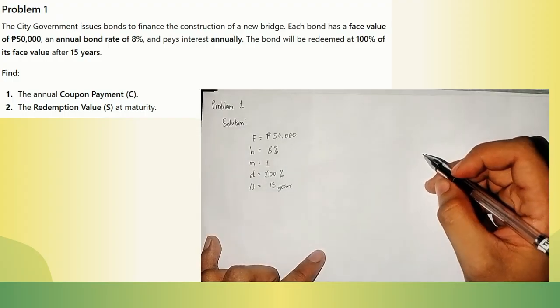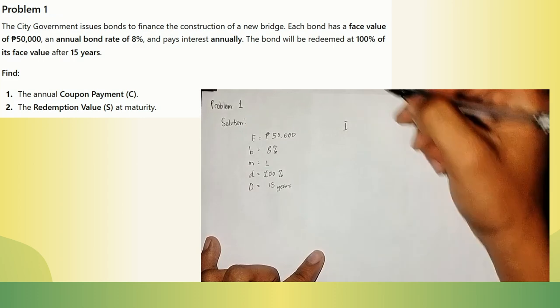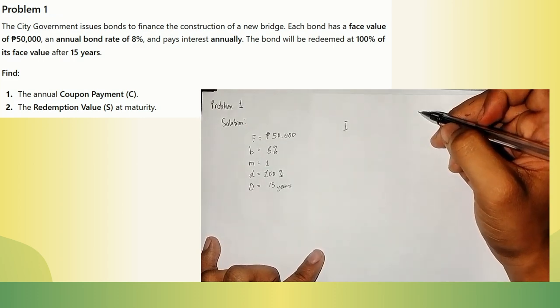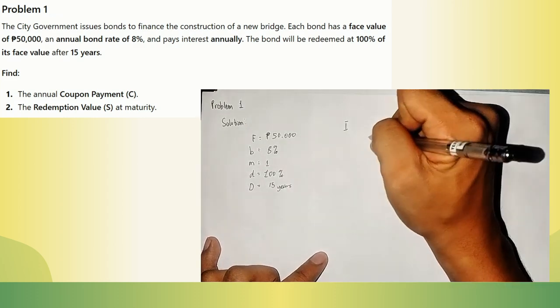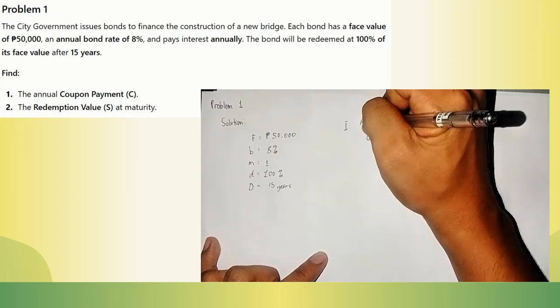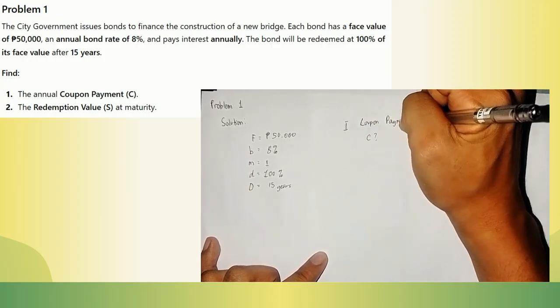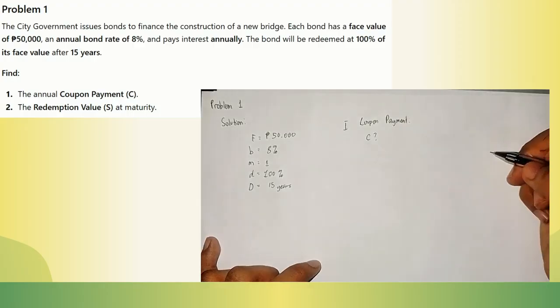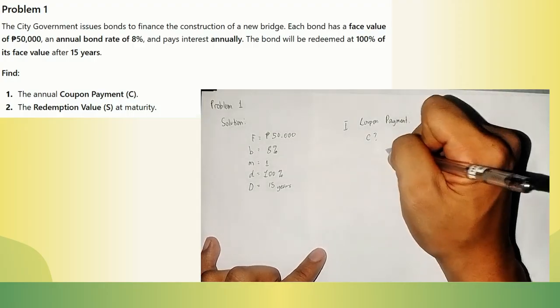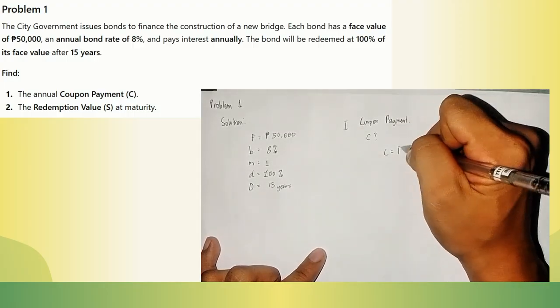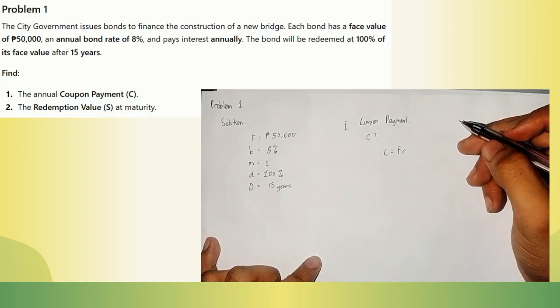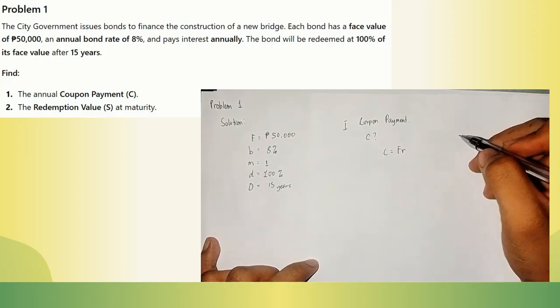Now, our problem is to find the annual coupon payment, where we are going to find the C, coupon payment. Now, in finding the coupon payment, we have the formula C is equals to F R. Now, first, what is our R?